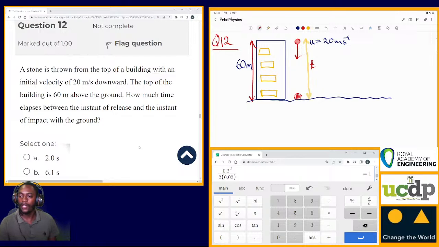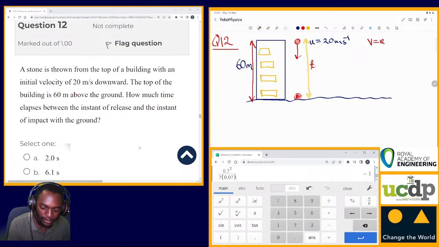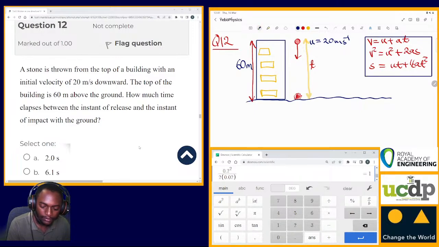So then we can make use of our equations of motion. V is equal to U plus... these are our equations now, and we want the time.